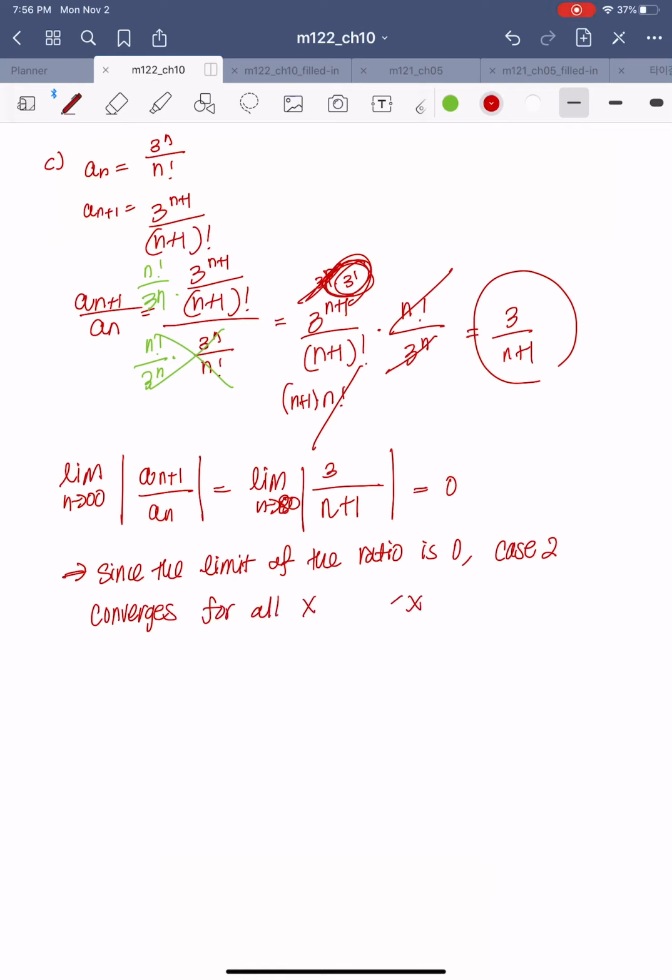In other words, negative infinity to positive infinity. Okay, that's it for sections 10.1 and 10.2, and we will continue with the rest of chapter 10 in the next video.